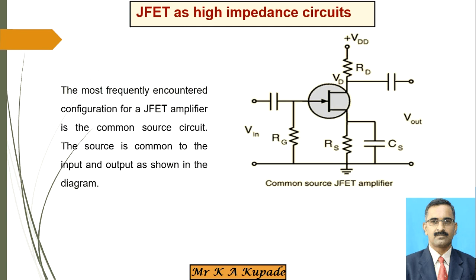And when you apply the input voltage Vin, whatever the negative or positive cycle is considered for Vin for the sake of understanding, that change in the cycle is transferred by the gate, because of the reverse bias condition of the gate junction, to the output side, and we get a 180-degree phase shift with respect to the input signal at the output side.